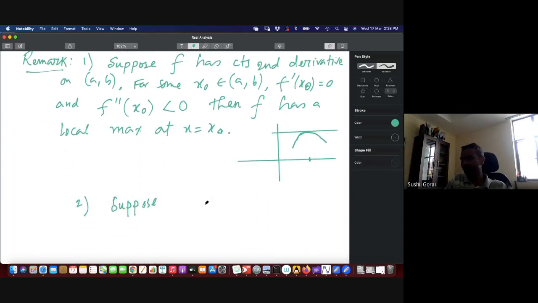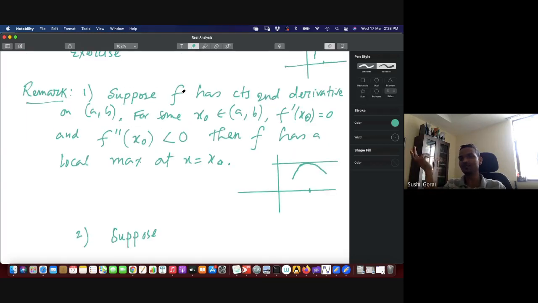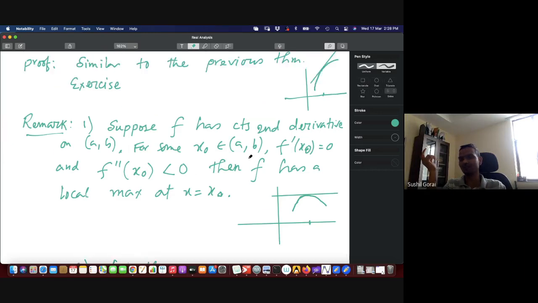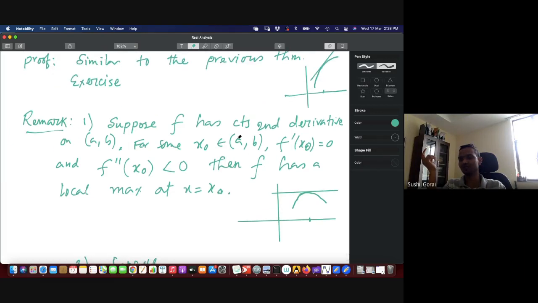Okay. In most of the cases when you did this in school to find maxima and minima, you actually do not bother about the continuity of the derivatives, because all the problems which are given are mostly infinitely differentiable. So if the function is thrice differentiable, then you don't need to bother about the continuity of the second derivative.